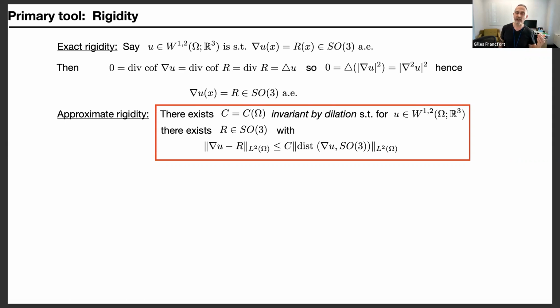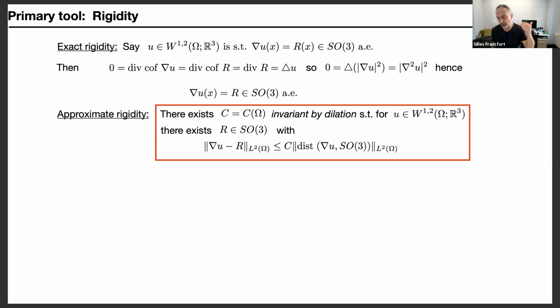Now what we're interested in, or what is going to be instrumental, is approximate rigidity. And what is approximate rigidity? It tells you that if you're close to a rotation at each point, you're close to a fixed rotation. Of course, close in which norm?